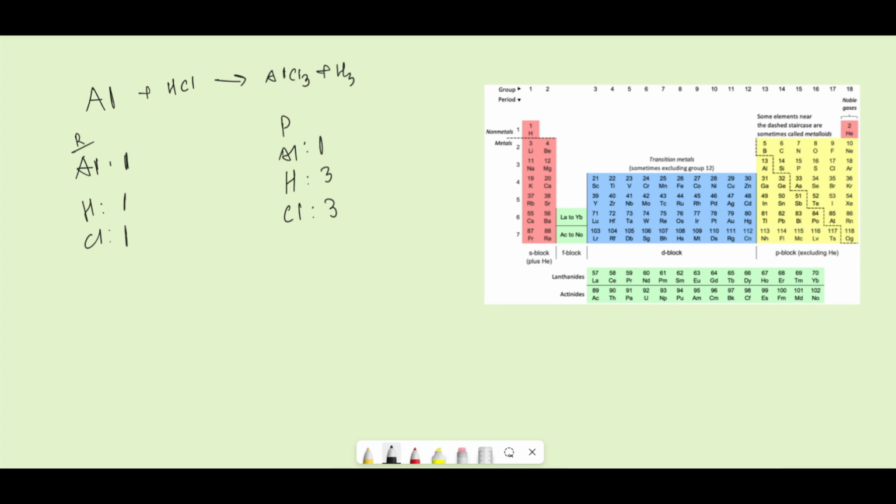Well, let's see. First off, you want to add 3 in front of hydrogen and chlorine. So let's try to make this times 3, times 3, which will give you 3 chlorine and 3 hydrogen.